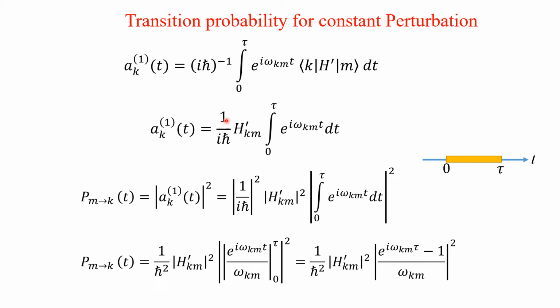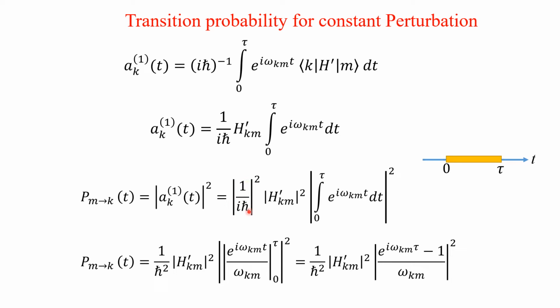If you square this, I have taken the inverse of iħ as 1 over iħ. This is equal to 1 over iħ modulus square, and this term also I am squaring, modulus square, and this integrand also I am taking modulus square. Now you solve the terms one by one.